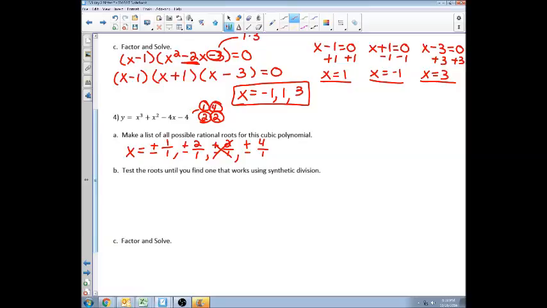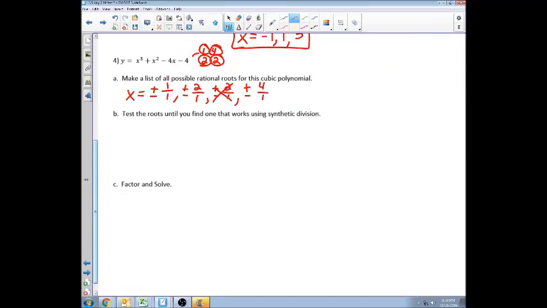Okay? I'm going to use short track synthetic again. So my coefficients are 1, 1, negative 4, negative 4. I'm going to use positive 1 first. Drop my 1. 1 times 1 is 1. 1 plus 1 is 2. 2 times 1 is 2. 2 minus 4 is negative 2.